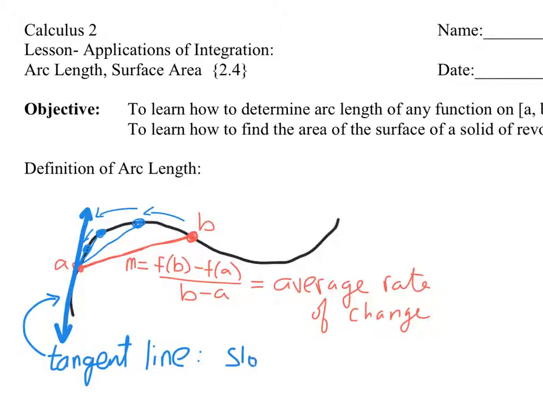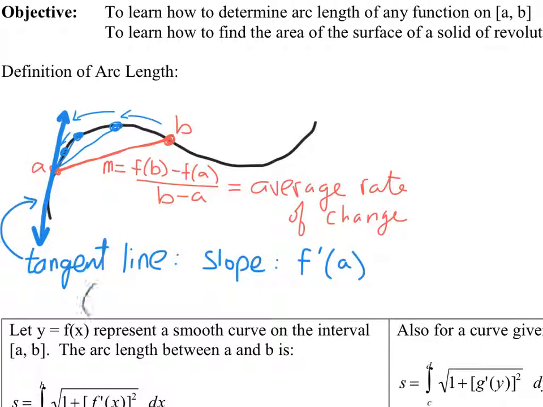The slope would be f prime at A. Whatever the A value is, we would find the derivative, plug that A value in, and then just call it a day. That would give us a slope at that particular tangent line. So that's an instantaneous rate of change. So that's a little bit of background.